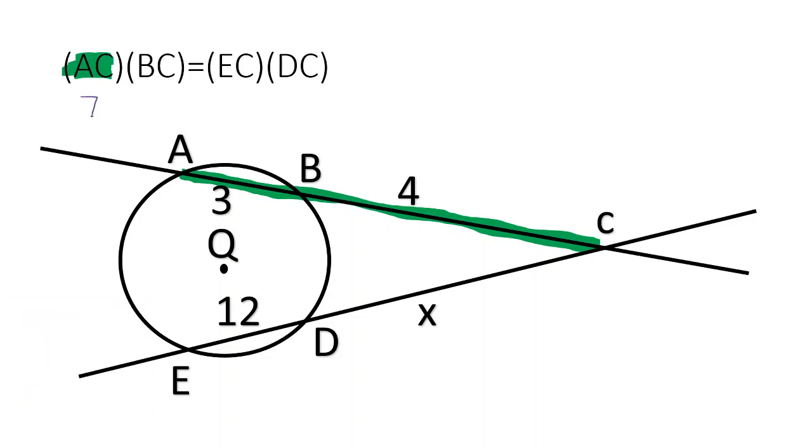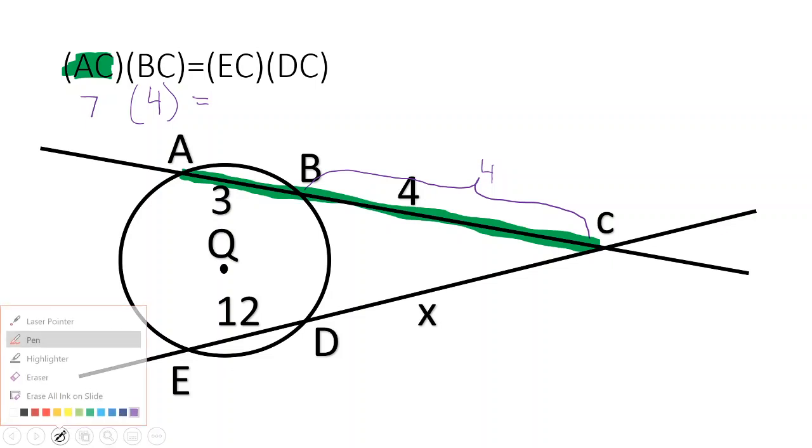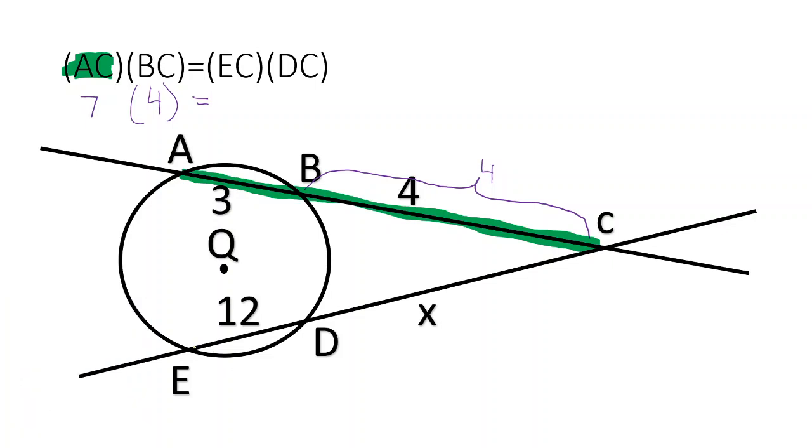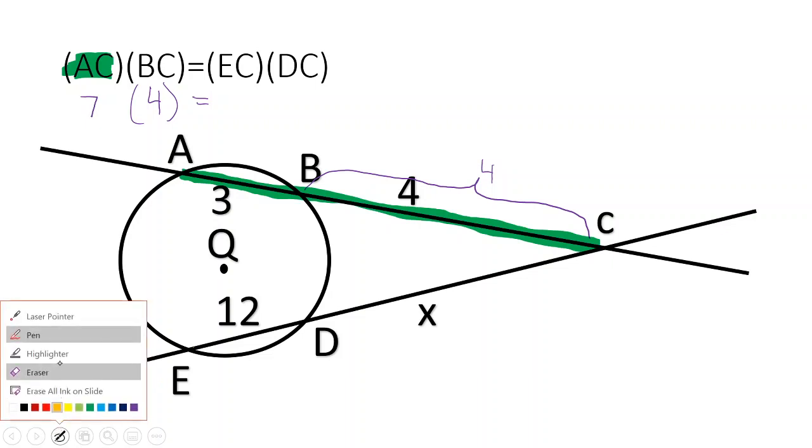So I get 7. And then I want B to C. B to C is a little bit more straightforward, and it just says it right there. It's 4. And it equals, now this is where it might get even a little bit trickier. It equals E to C. Let's pull out a highlighter here again.